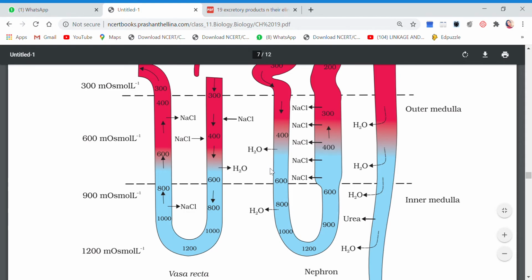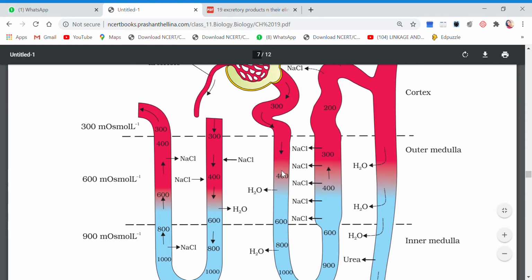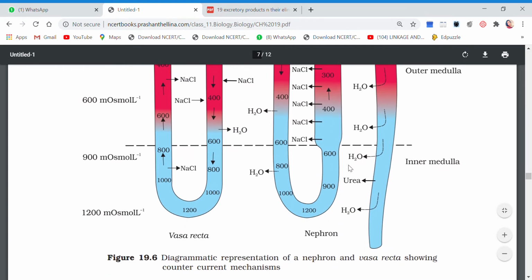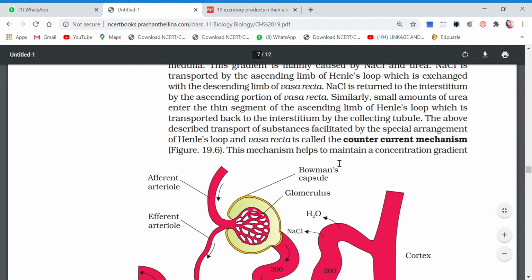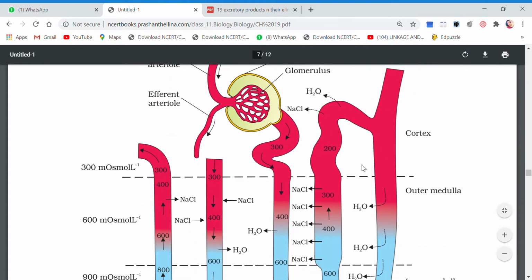Have they shown it? Yeah. Here. And you see a little amount has been entering the ascending limb of Henle's loop. Then from the Henle's loop it is taken to the collecting duct.